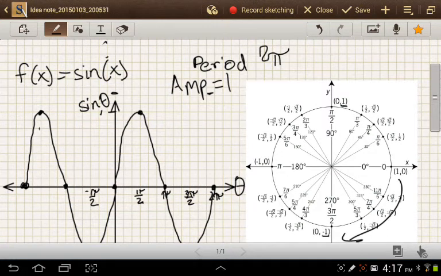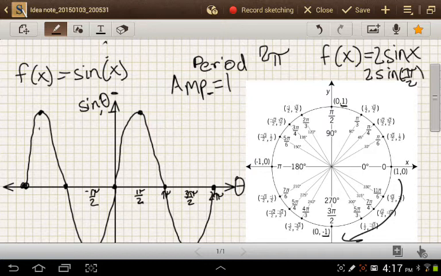So what if I had the function f of x is equal to 2 sine of x? What would that do? Well, let's say I had pi over 2 for x, then 2 times sine of pi over 2 would be 2 times 1, giving me 2.